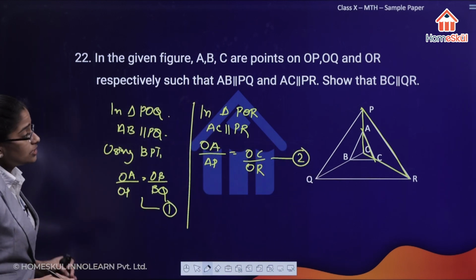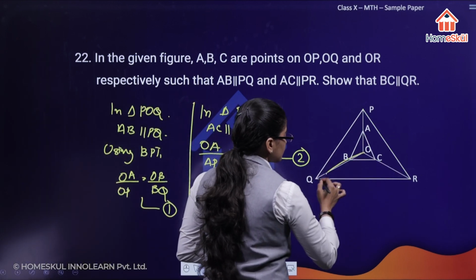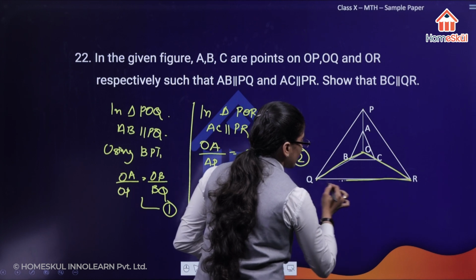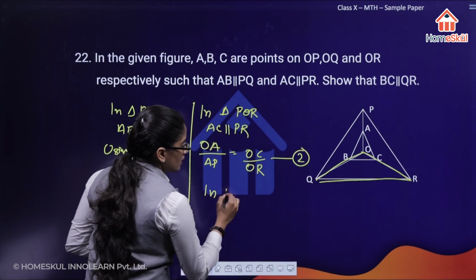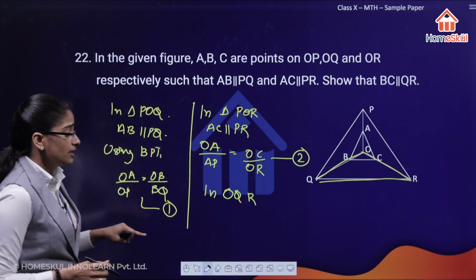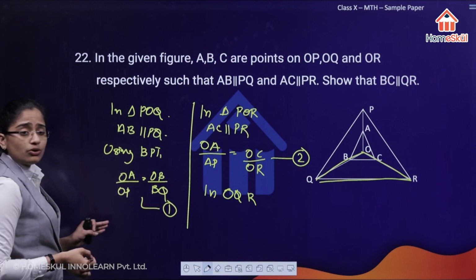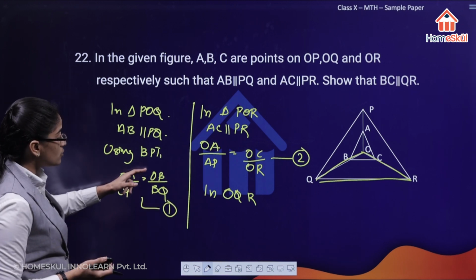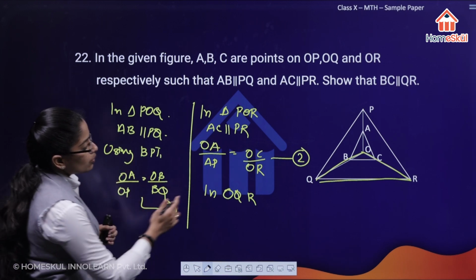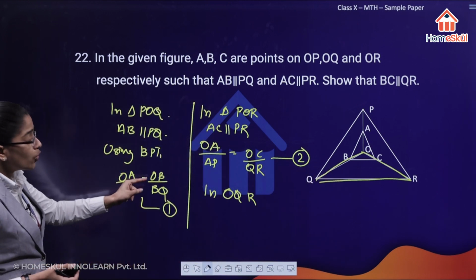Okay. Now we need to prove this BC is parallel to QR, isn't it? So for that we will consider the triangle OQR. In that triangle, from 1 and 2 we are getting OB by BQ is equal to OC by CR.